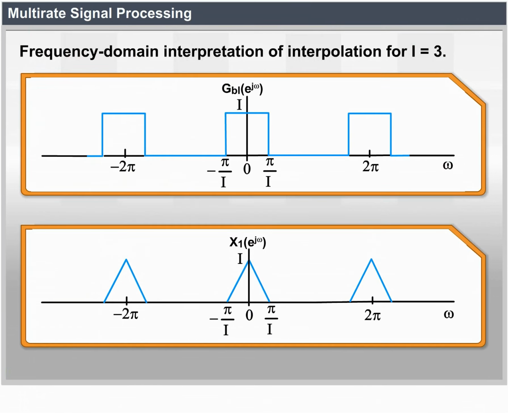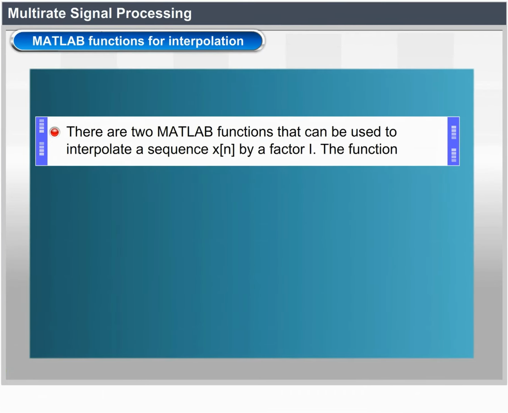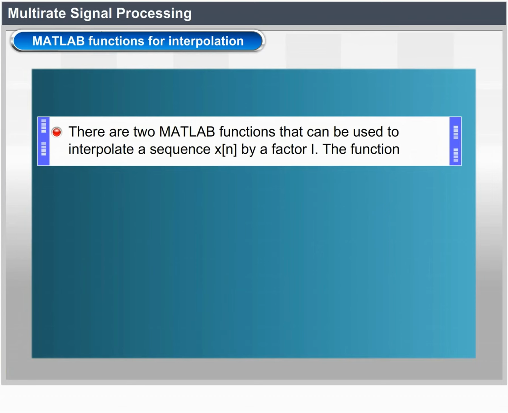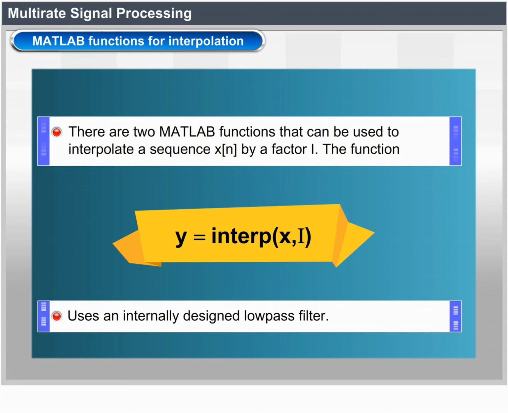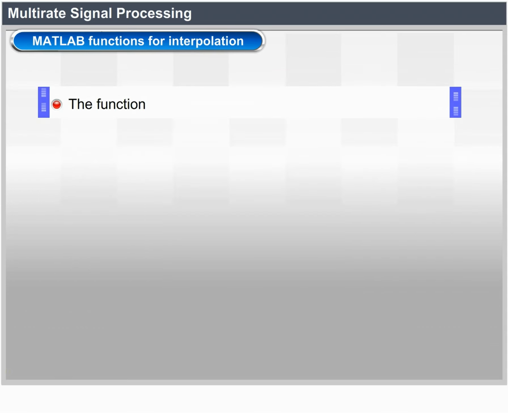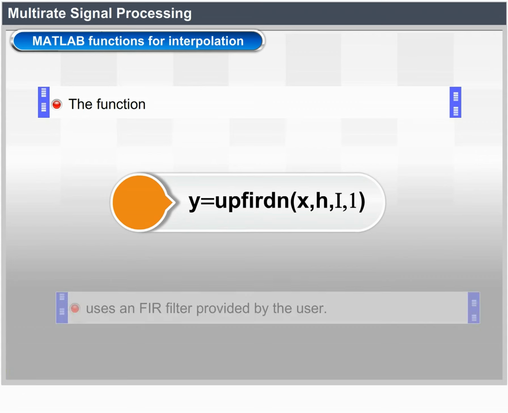MATLAB functions for interpolation. There are two MATLAB functions that can be used to interpolate a sequence x[n] by a factor I. The function y = interp(x, I) uses an internally designed low-pass filter. The function y = upfirdn(x, h, I, 1) uses an FIR filter provided by the user.